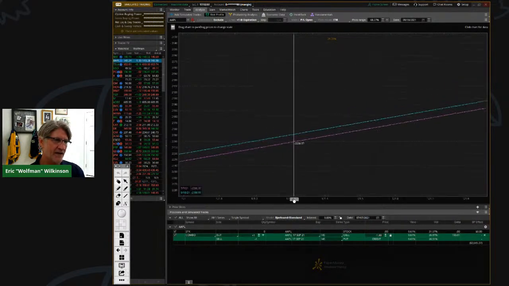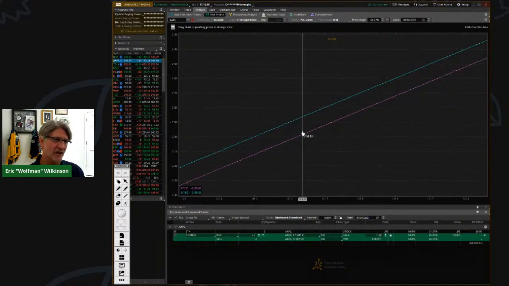You can see that my negative deltas get a little bit paired away, because remember, as those puts go way in the money, it approaches one, but we never really can achieve that one when it's way deep in the money. It's going to be very close, but it's just not going to be exact. That's a bit of a drawback, but we're talking hundreds and hundreds of dollars down before that really starts making a noticeable difference.